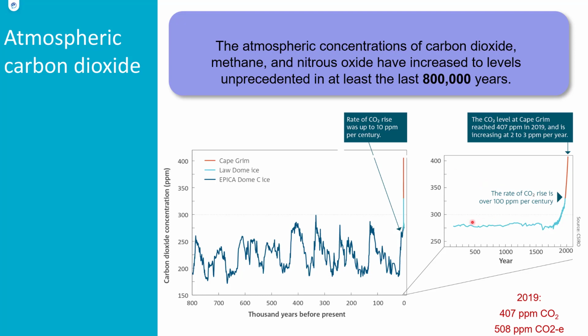If we look just at the last 2,000 years, you can see that it's tootling along here at around 270, 280, and then suddenly really ramps up. And that's the biggest rate of increase that's been recorded, and we're now sitting at the highest level of atmospheric concentrations of carbon dioxide that have been seen in 800,000 years. And in fact, there's strong agreement now that it's the highest it's been in the last million years.